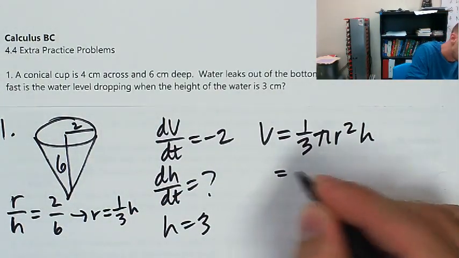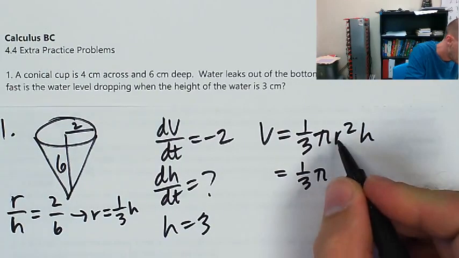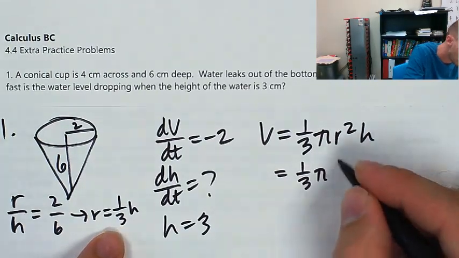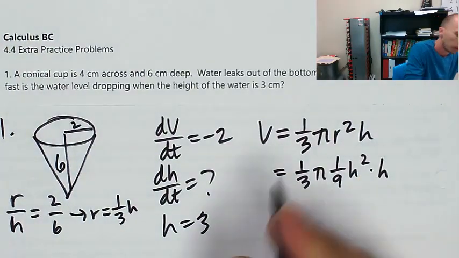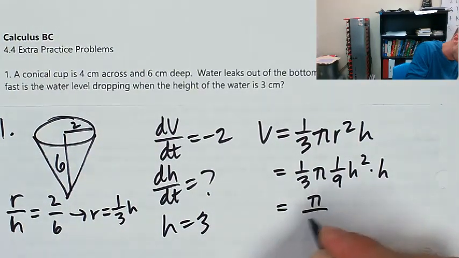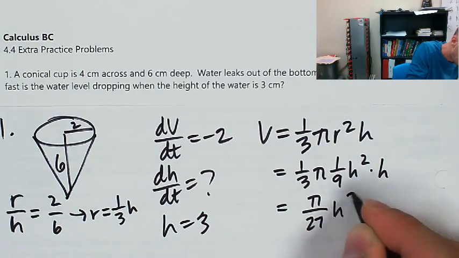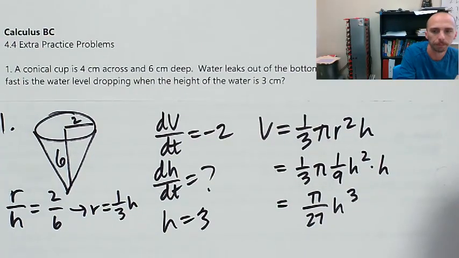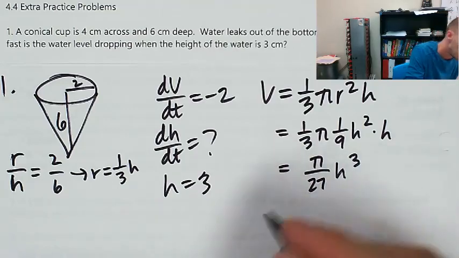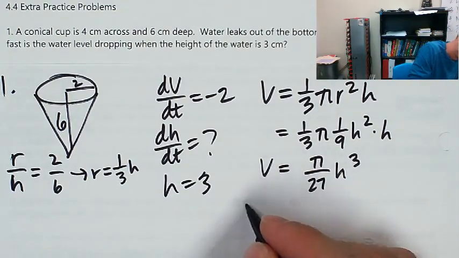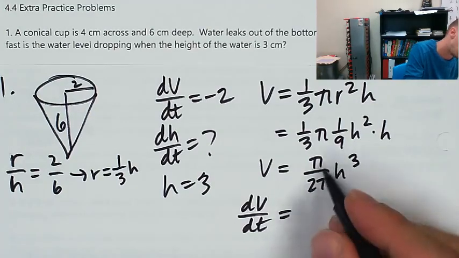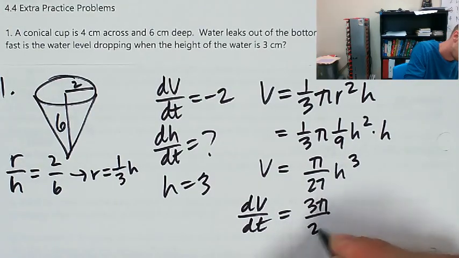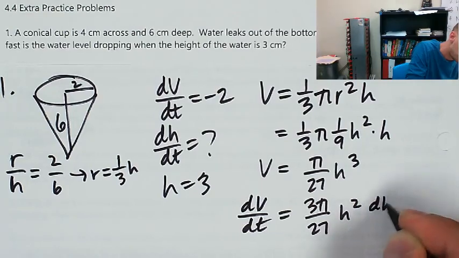Okay, so that means 1/3 pi, radius is 1/3 of H. I square that, I get 1/9 H squared, and then I'm multiplying by that H. So this is pi over 27 H cubed. Okay, this is V. Now I'm going to take the derivative with respect to time, and that's 3 pi over 27 H squared dH/dt.